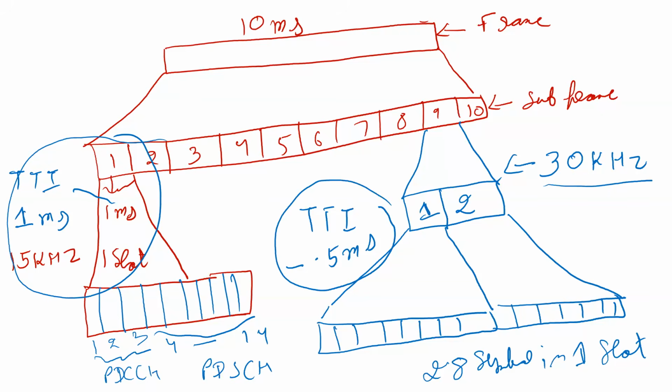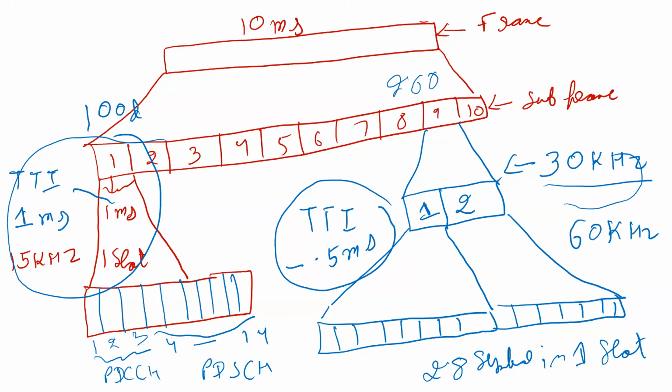If a scheduler can make, say, 100 decisions in 1 second here, in case of 30 kilohertz, a scheduler can make 200 decisions, right? So there will be a doubling of decisions.